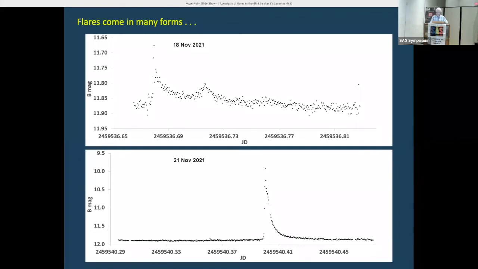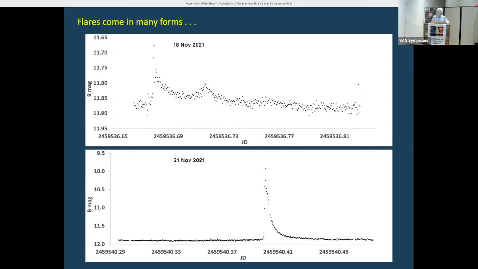Okay, and just to give you an idea of the kind of range of flare behavior we see, it's very wide. The horizontal timescale on these plots is the same in each case. And it's a real contrast between, on the bottom, a very impulsive flare, which goes up and comes down very rapidly, reaches a very high, that was almost two magnitudes in amplitude.